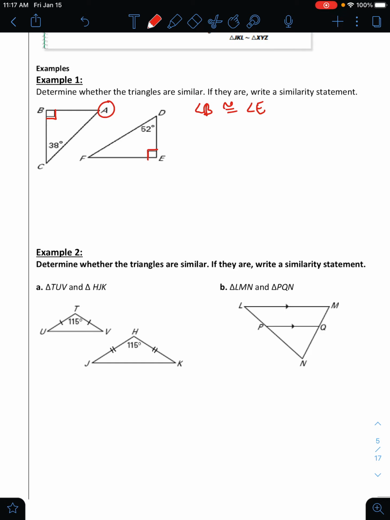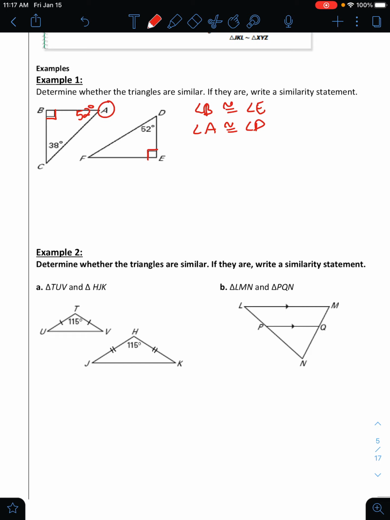So I can do the triangle sum theorem. Take the 90 away from 180, take out the 38, and I get 52. So I don't really need to check angle F, even though I know it's going to be 38, but I can now also say angle A is congruent to angle D.